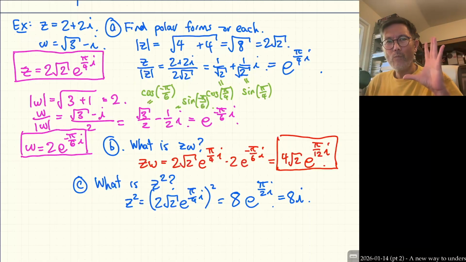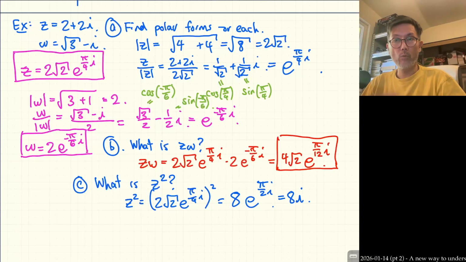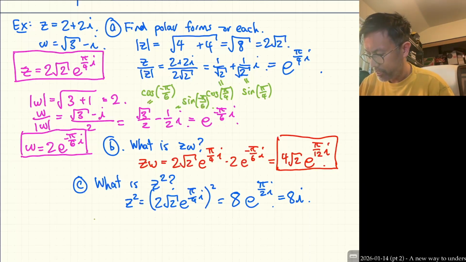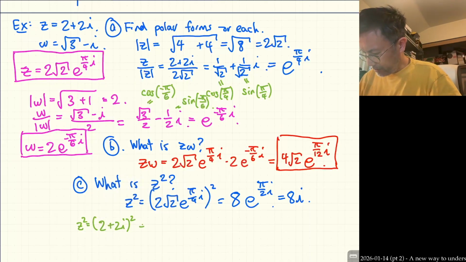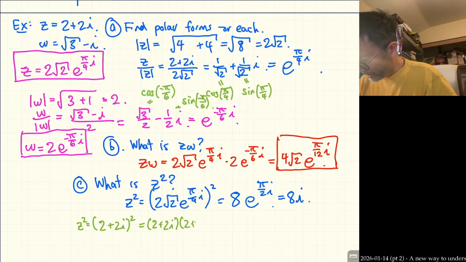Now, we can try to verify this, can't we? What if we were to take 2 plus 2i, the rectangular form, and square it? So let's do a little aside calculation. z squared is also equal to 2 plus 2i squared. This is 2 plus 2i times 2 plus 2i.